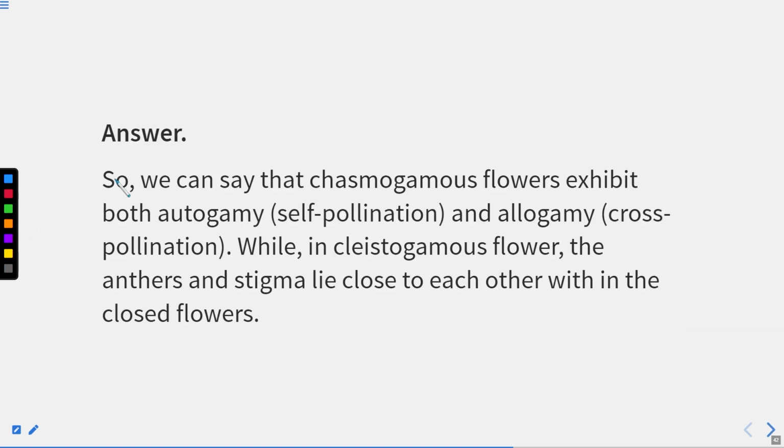Now we can say that chasmogamous flowers exhibit both autogamy and allogamy. Allogamy means cross pollination, as allo means other. While in clastogamous flowers, the anthers and stigma lie close to each other. The flowers are not open, so they are not exposed. That's why it promotes autogamy.